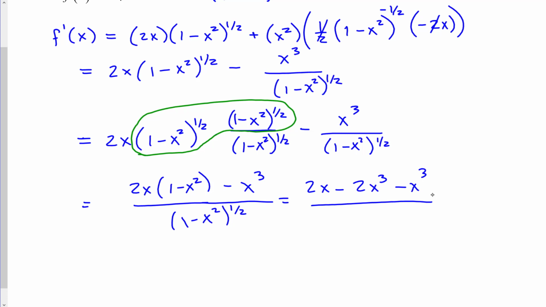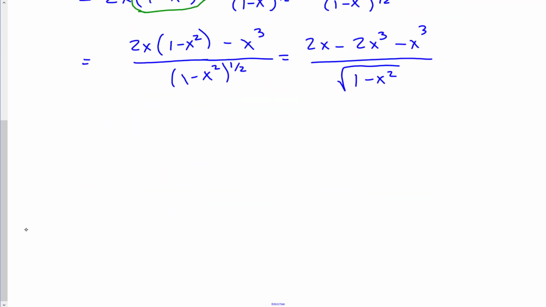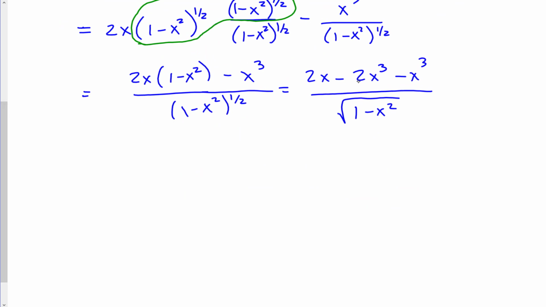The denominator is pretty simple already, but I'll go ahead and express it as a square root rather than to the 1/2 power. And lastly, I've got two like terms, negative 2x cubed and negative x cubed, which will combine. So that would give me 2x minus 3x cubed all over the square root of 1 minus x squared.